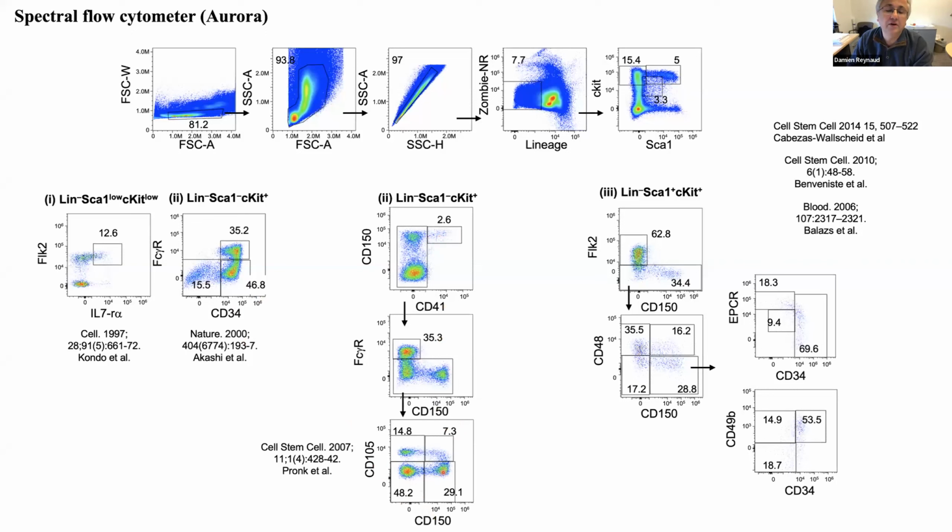This is the erythroid megakaryocyte progenitor, pre-CFU-E and CFU-E. So this is for the committed progenitor. In the LSK, for the multipotent progenitor, we have the panel defined by Andreas Trumpp.